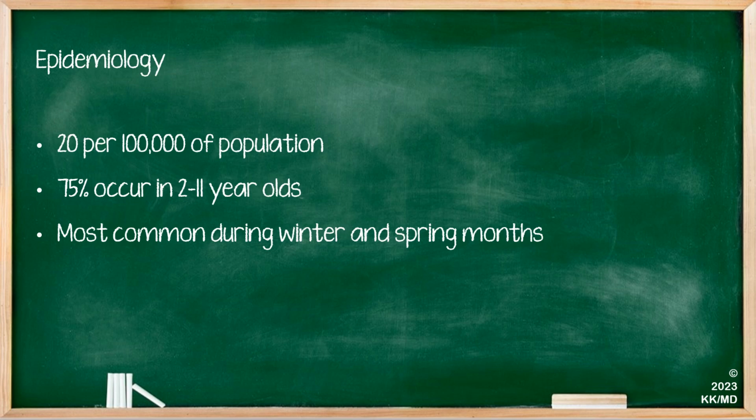As for its epidemiology, it affects about 20 per 100,000 of population, and as discussed earlier, it's most commonly seen among children, with about 75% of cases happening in those aged between 2 and 11. And it most commonly occurs during the winter and spring months.